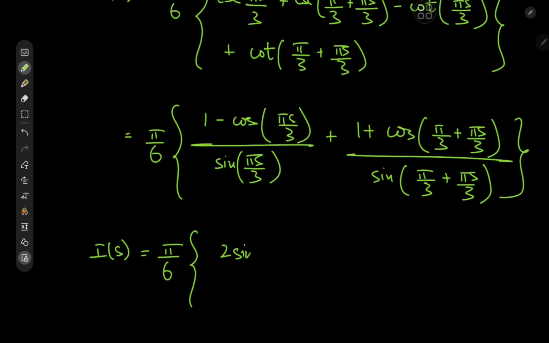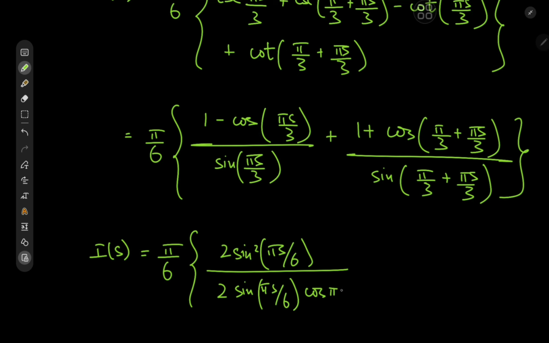So we have 2 sine square pi s by 6 divided by sine in the denominator, again being expanded using the double angle formula. So we have 2 sine pi s by 6 times the cosine of pi s by 6. Everything is looking good because we have some cancellation.